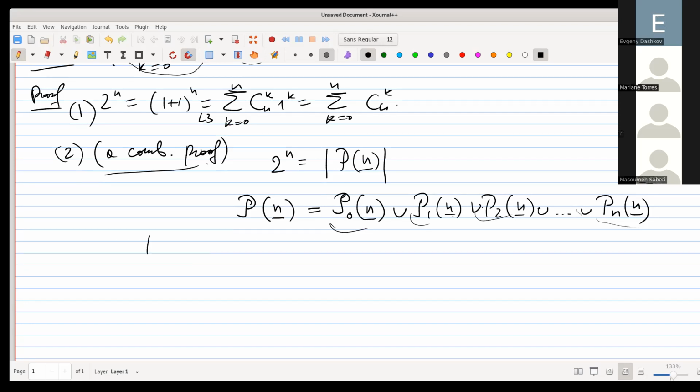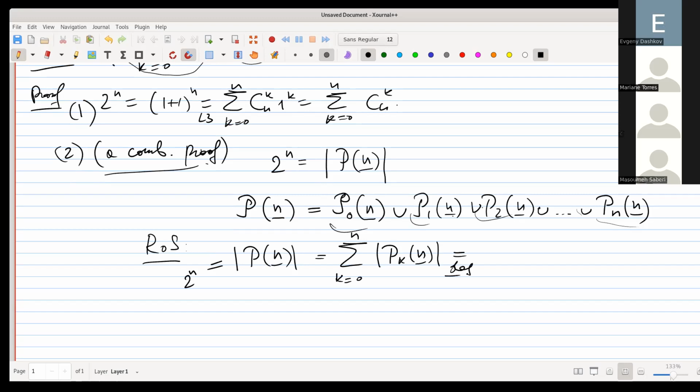So we may apply the rule of sum and see that this number, which we know to equal 2 to the power n, equals the sum of these cardinalities, where k ranges from 0 to n. And by definition, each of these cardinalities, the number of subsets of fixed size k, is n choose k. Is it clear?